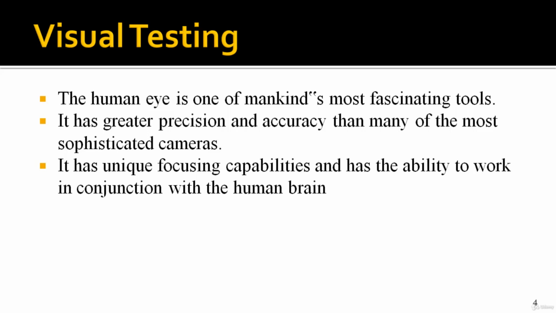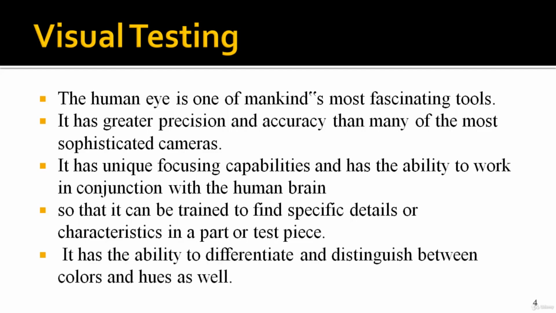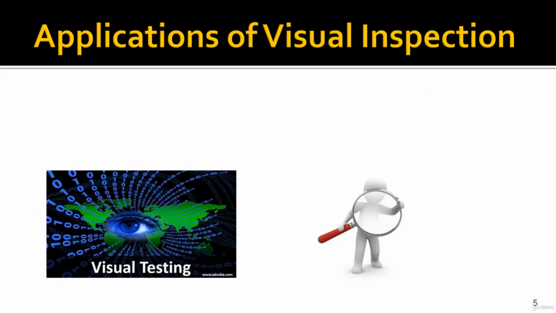So the human eye can see things, and we can use our brain too, so that it can be trained to find specific details or characteristics in a part or test piece. It can also differentiate and distinguish between colors and hues. So these are the common definitions of visual testing.